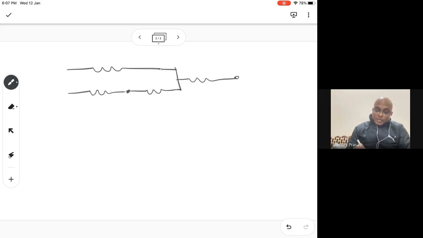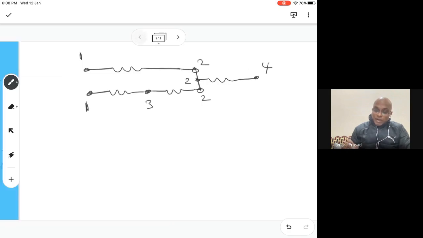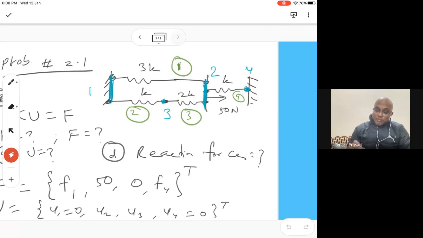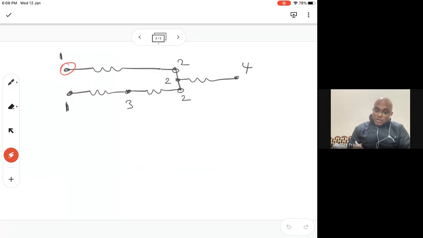Here we have node number 1, node number 2, node number 3, and node number 4, and similarly 1, 2, 3, and 4 below.